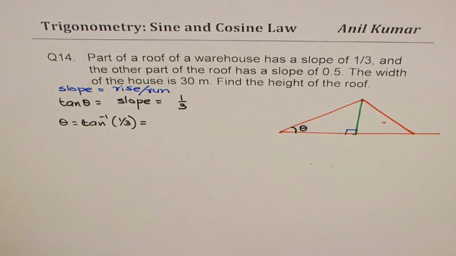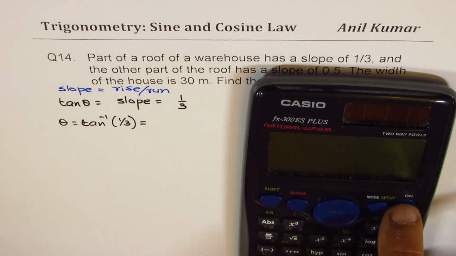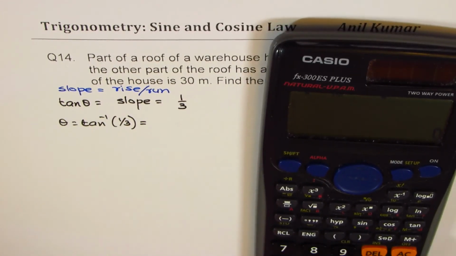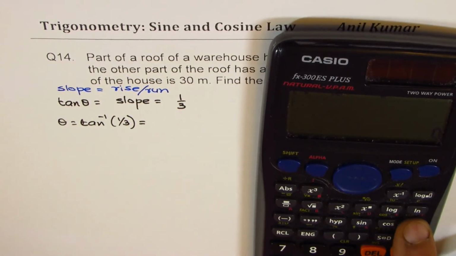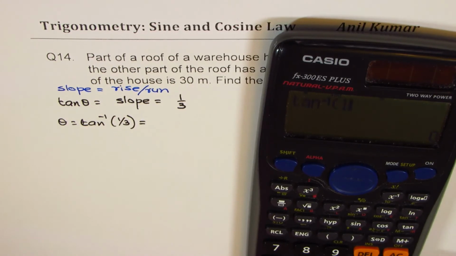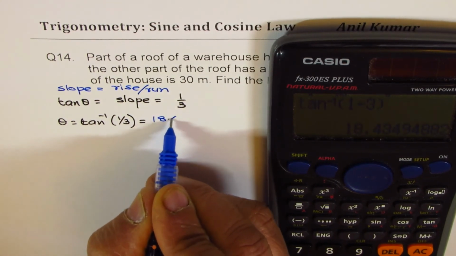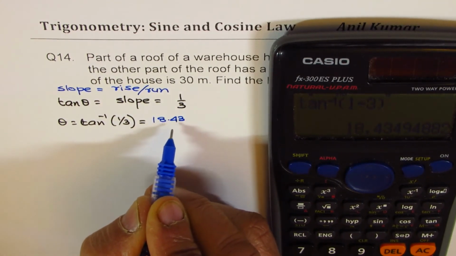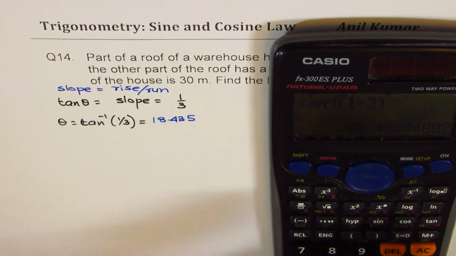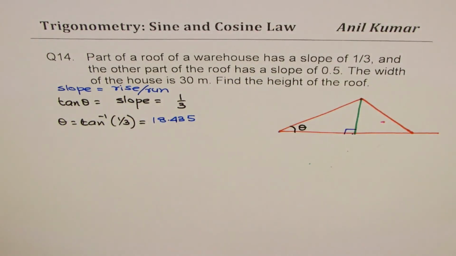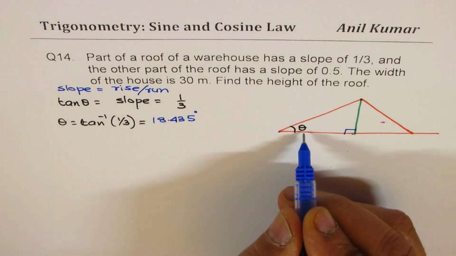So let's use inverse tan of 1 divided by 3 to get this angle, which is 18.434. So we'll write 18.435. Okay, so that gives you the angle theta.